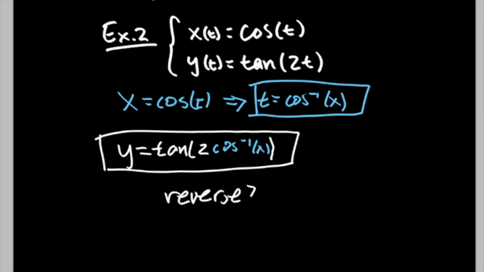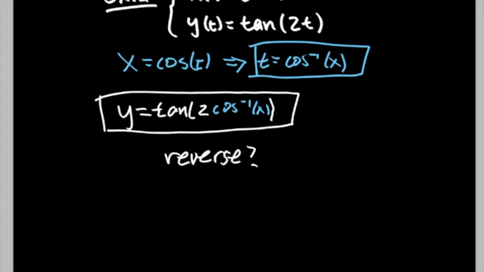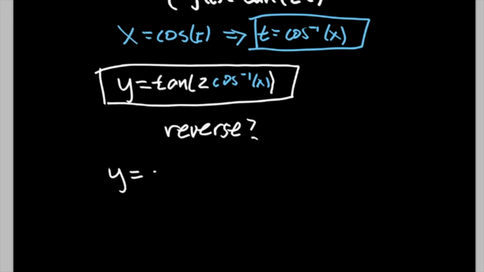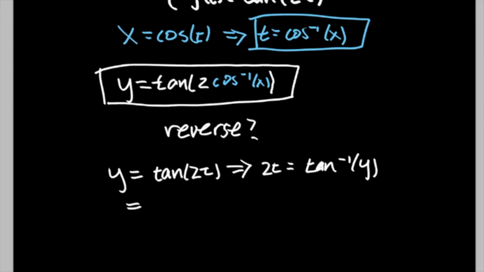So now let's try to reverse it actually and get y of x. Because you can do that, right? So y equals tangent of 2t, as we see up there. And then we can isolate for t first by tangent inversing both sides. And then now we have to divide that 2 out. So t equals tangent inverse of y divided by 2, or a half tangent inverse. They mean the same thing, right?